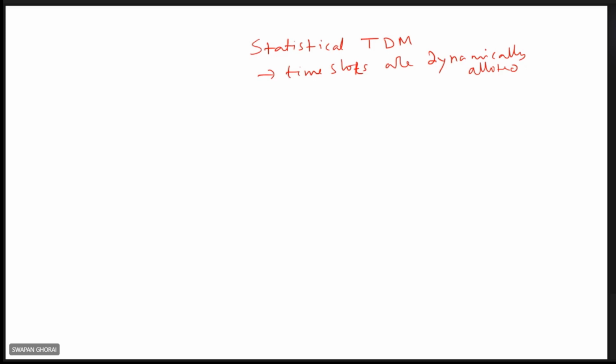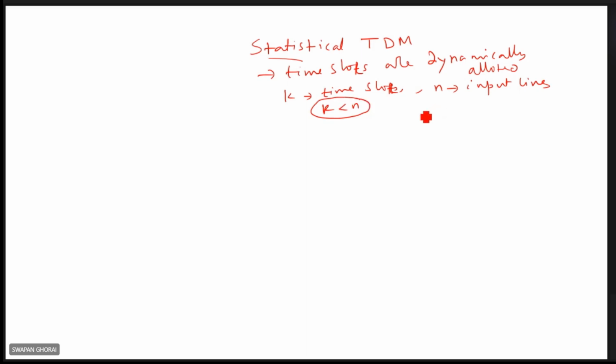In statistical TDM, the number of slots will always be less than the number of input lines, the number of input sources. So if K represents the time slots and N represents the input lines, then in statistical TDM the condition is K less than N.